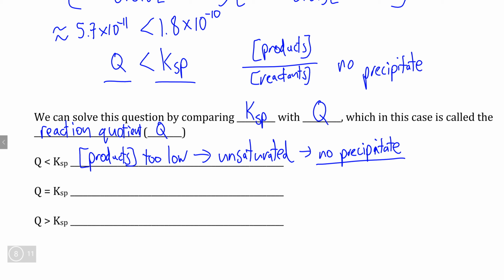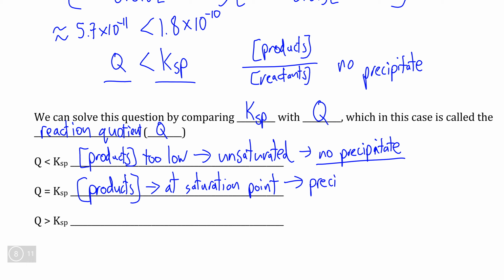But what about in the situations where Q is equal to or greater than KSP? Well, where Q is equal to KSP, our concentration of products is exactly at equilibrium. So therefore, our concentration of products is at the saturation point. And remember that the saturation point is exactly where the precipitate begins to form.